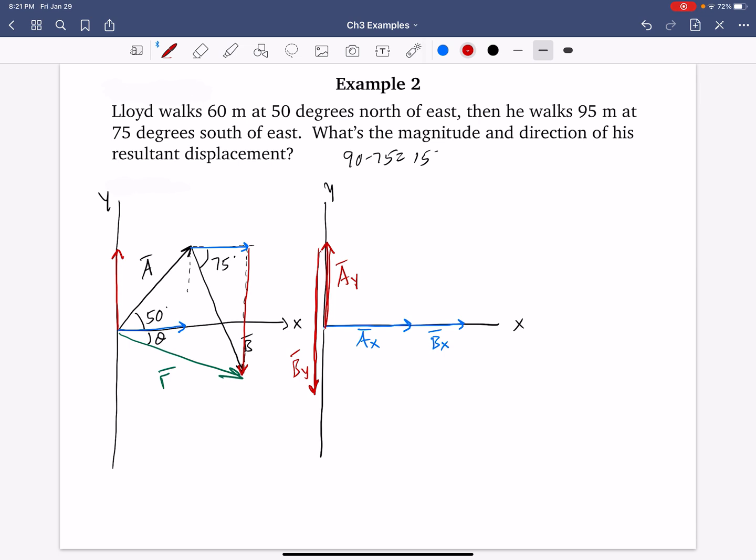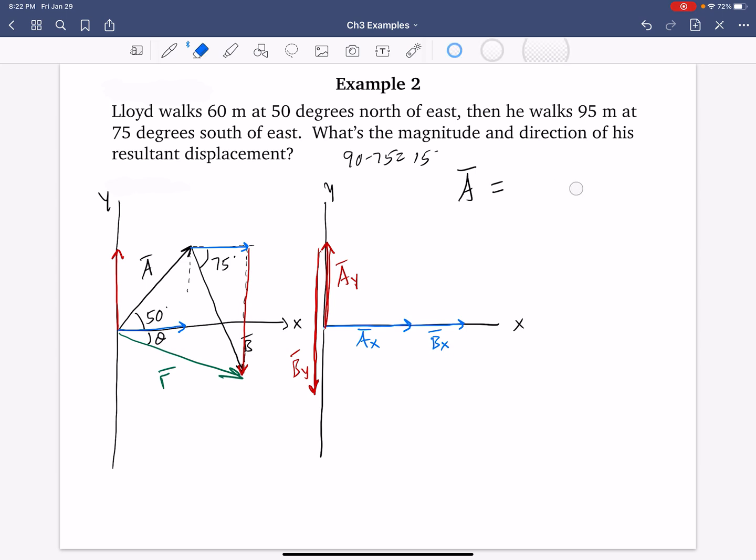Now let's find them mathematically. So vector A was equal to 60 meters at 50 degrees.